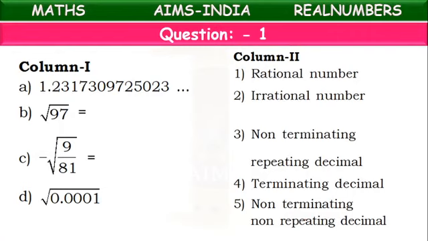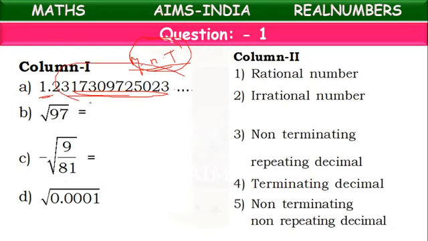Now let's see some questions based on the concept we have learnt. Here it's a matrix matching type question, which means you can have multiple answers for any question. You can have repeated answers or the same answer. So 1.2317330972502 and so on is there.